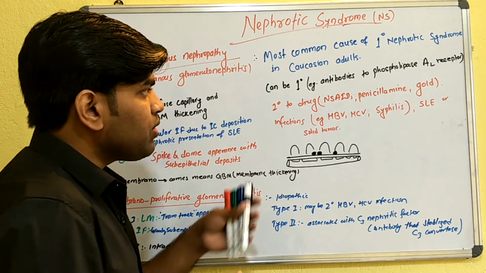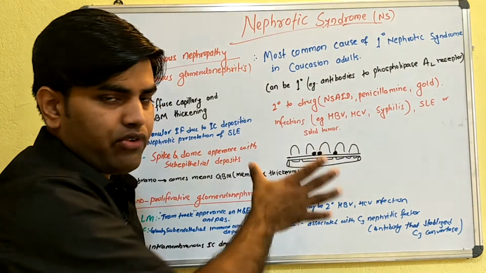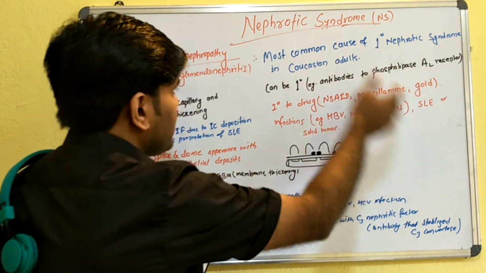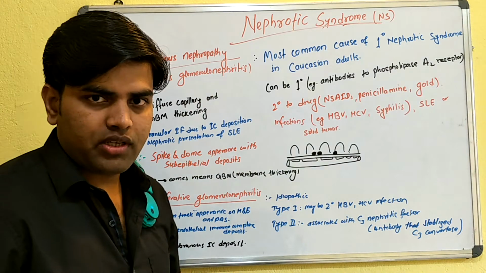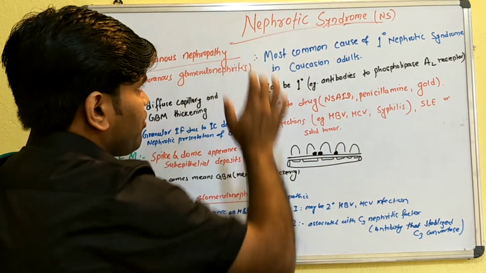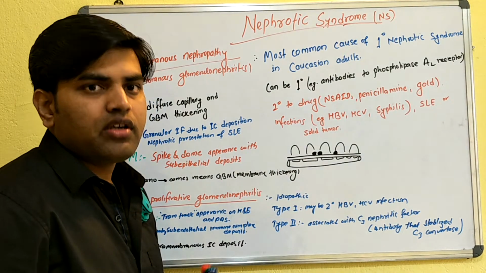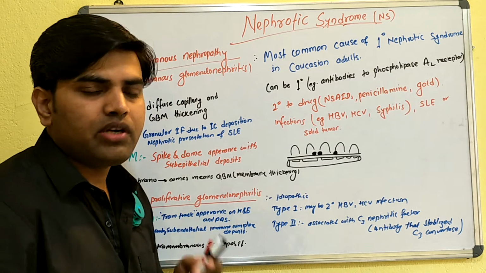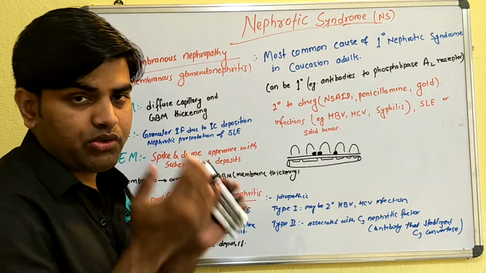It is not common to develop nephrotic syndrome; it is common to develop nephritic syndrome. But if a patient does develop nephrotic syndrome, then it will be due to membranous nephropathy. In a clinical scenario, you will find fewer such cases, but you can find both. So you have to remember this.